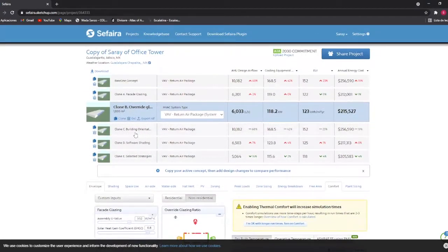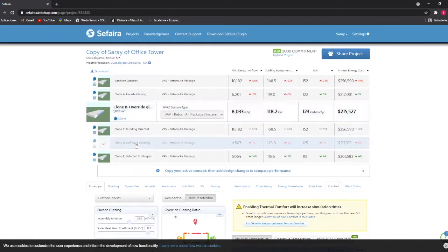We skipped the clone C because we didn't have to change anything in our building orientation.